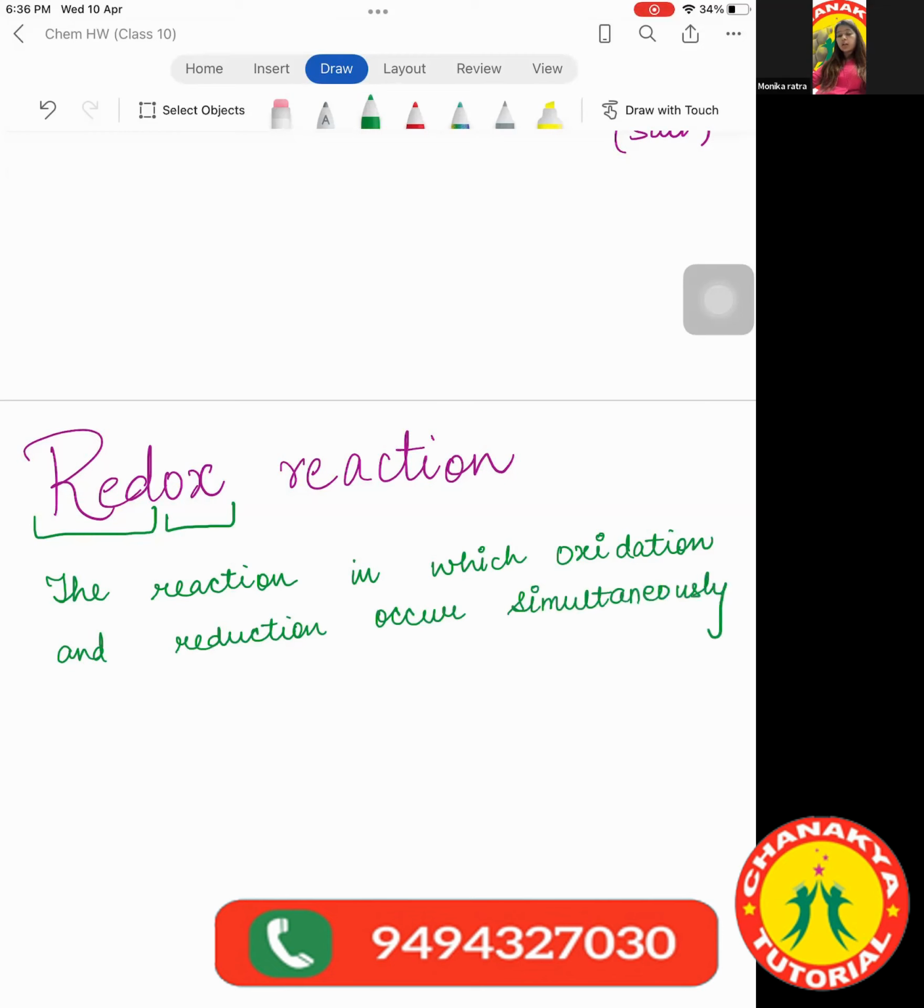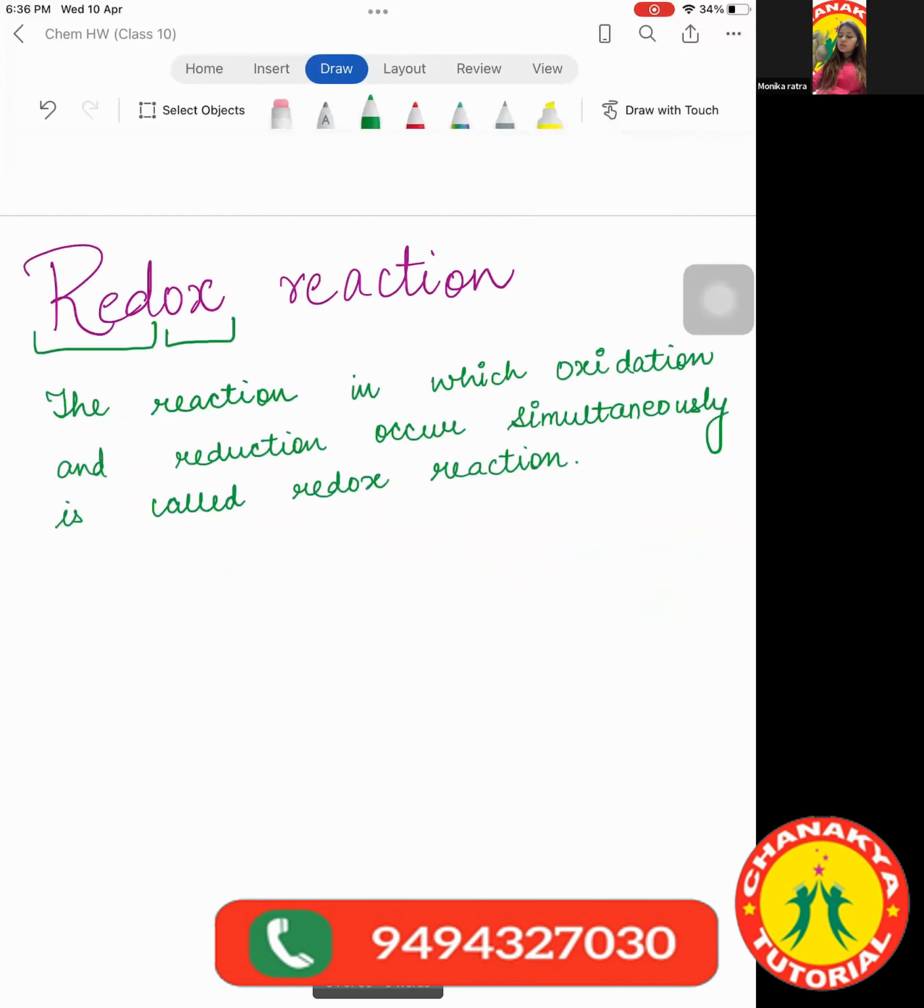It means it occurs at the same time. It occurs together. It is called redox reaction. Now, if you look at the word redox, you can see RED has been taken from reduction, OX is taken from oxidation. Both of them occur together, and that is why we call this reaction a redox reaction.